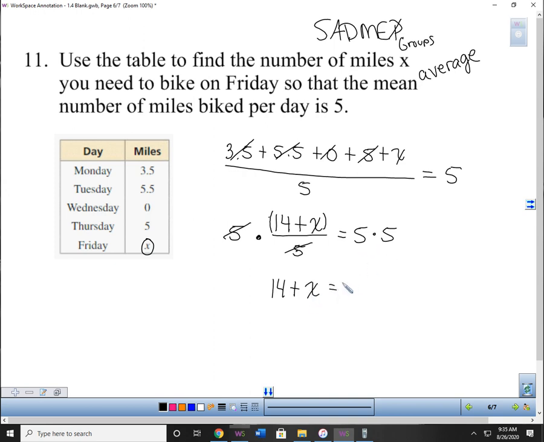So 5 times 5 gives me 25, and then the last thing I have to do is subtract the 14. So X would equal 25 minus 14, which is 11.